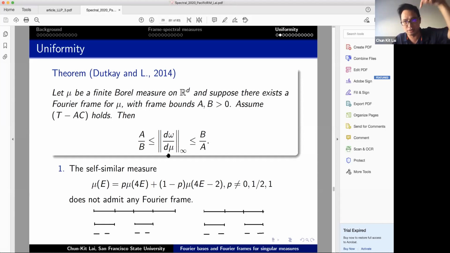We restrict the function to the characteristic function of E, move it to the other side and then bring it back. After certain calculation, we get this.